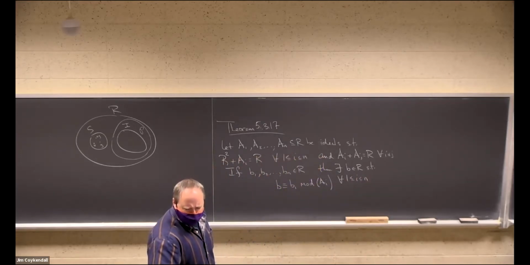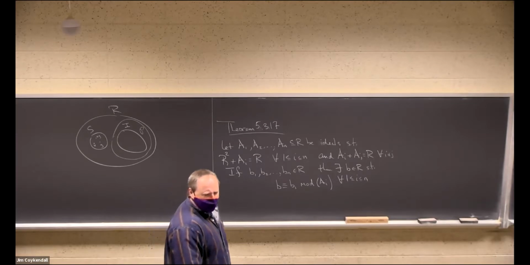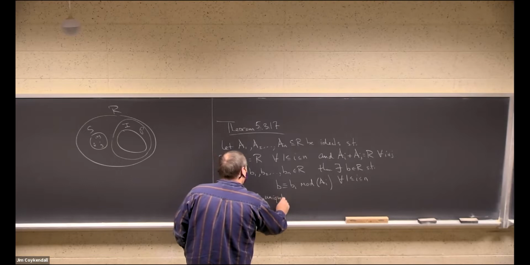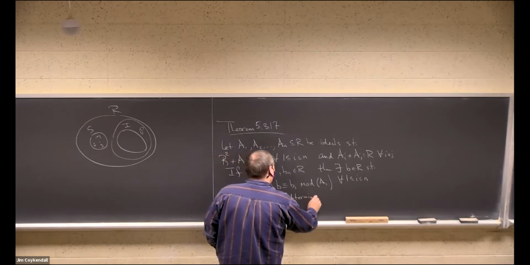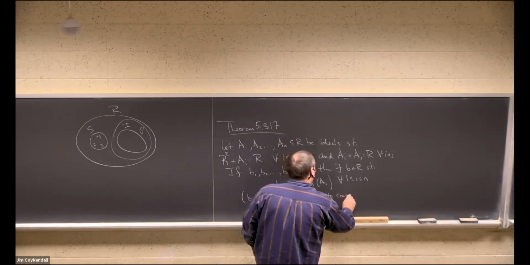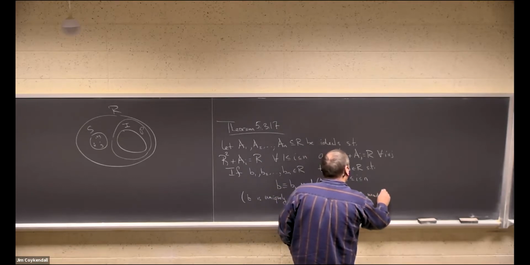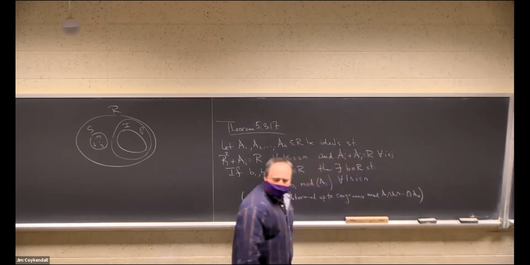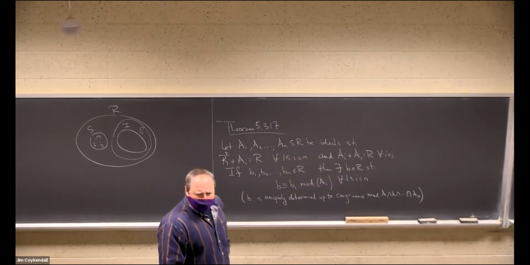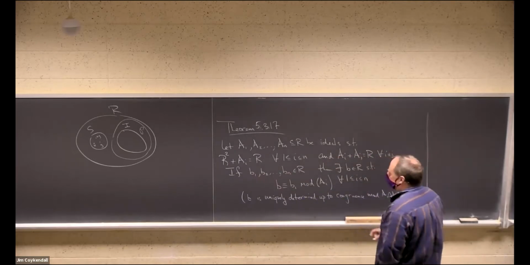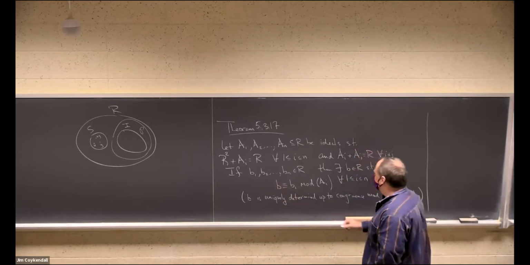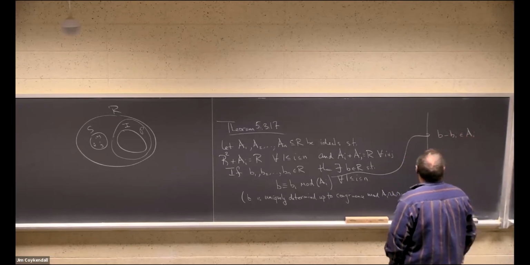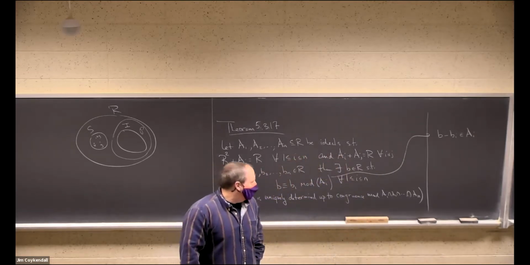And B is uniquely determined up to congruence modulo the ideal A1 intersect A2 intersect and so on. And just to clarify what I mean by this: it means that B minus BI is an element of the ideal AI for all I. That's what this means.